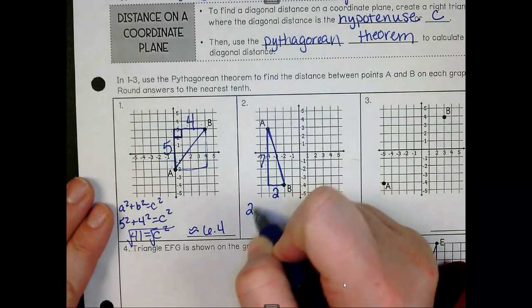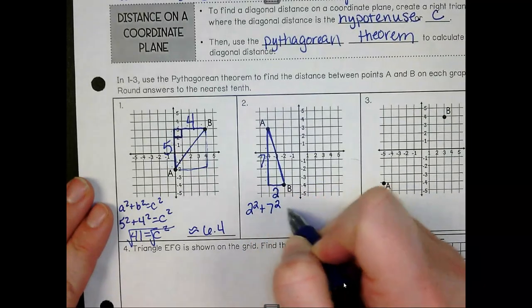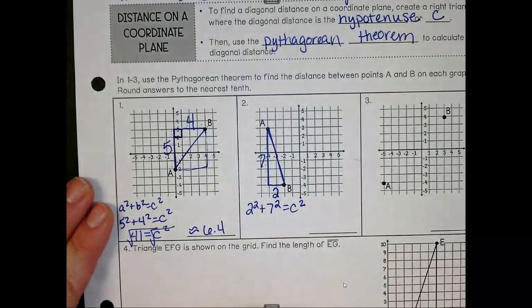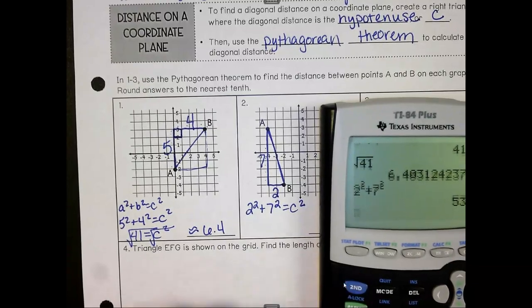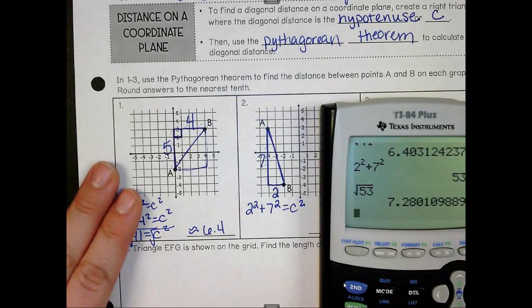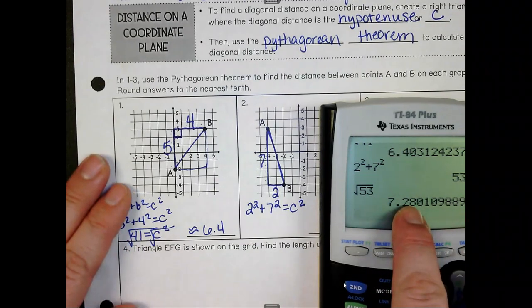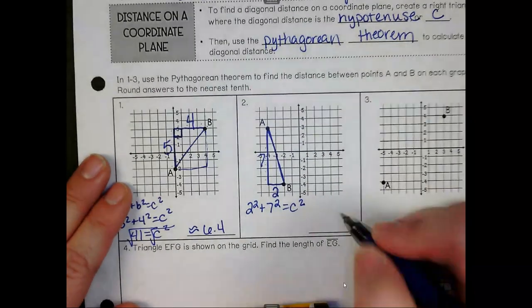Plug it in. So 2 squared plus 7 squared equals c squared. So then my calculator, 2 squared plus 7 squared. What do I do to 53? Square root it. 7.3. Why is it 3 and not 2? Okay, that 8 makes it go up to 3, so 7.3.